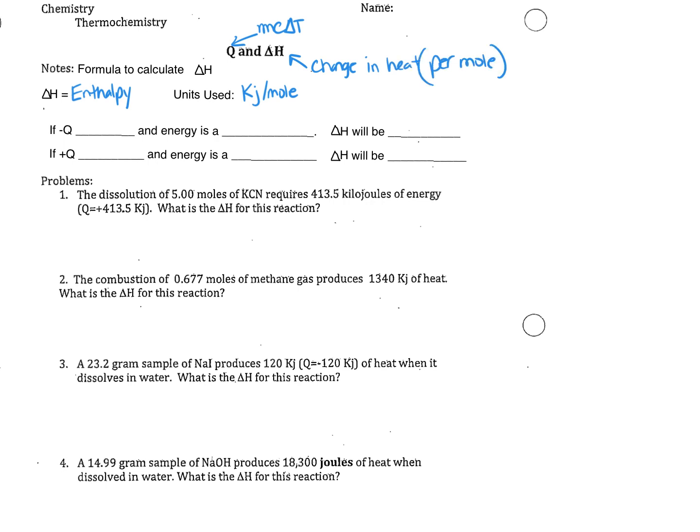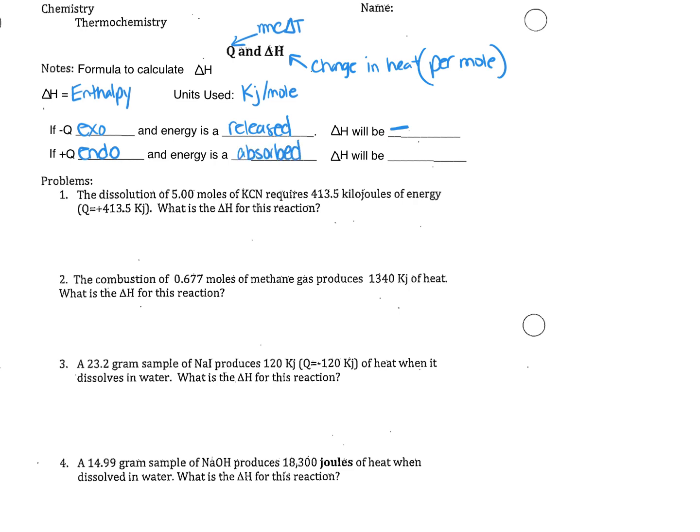So if Q is negative, then we have an exothermic reaction and energy is released, and that means that delta H will be negative as well. And if we have a positive Q, then that means energy is going in and energy is absorbed.